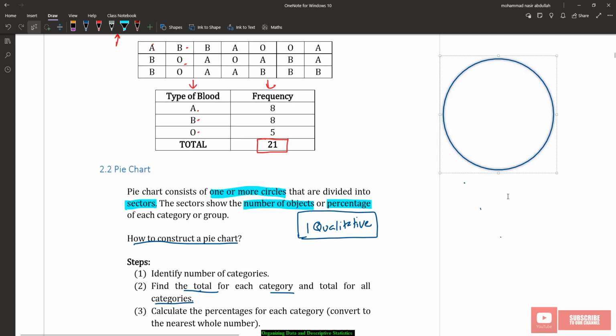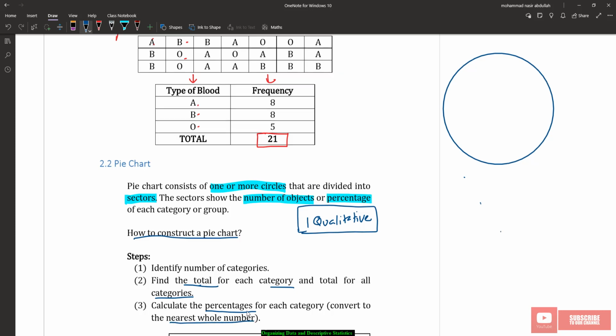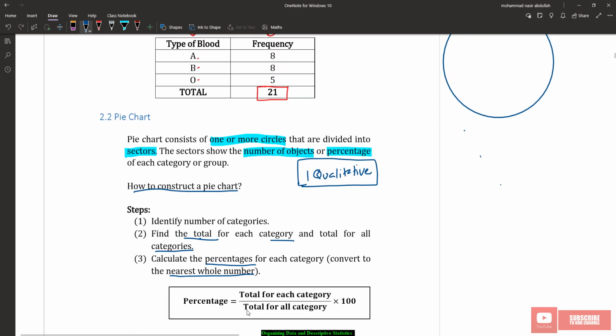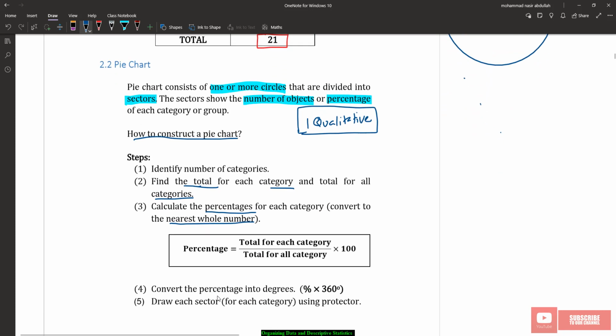Third step is we need to find the percentage for each category and convert to the nearest whole number. Step number 4, convert the percentage into degrees, which is percentage multiplied by 360 degrees, and draw each sector for each category using a protractor.